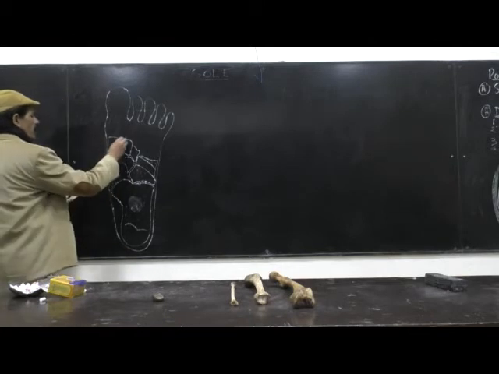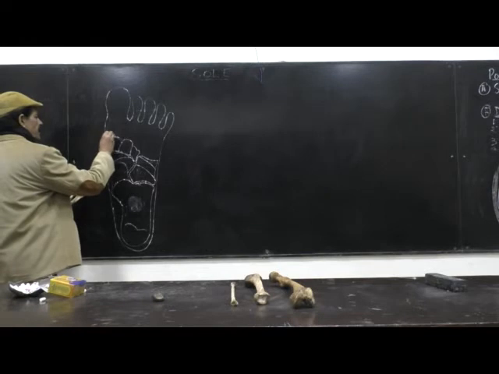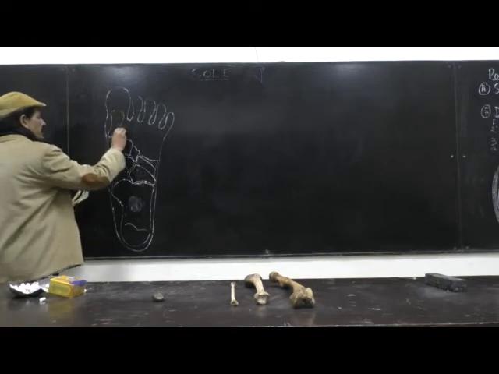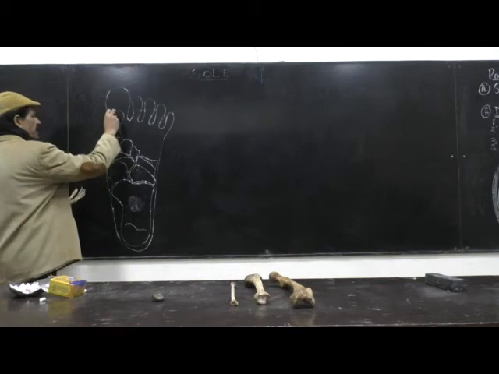The medial cuneiform bone articulates anteriorly with the first metatarsal, with the broad base, and this is the head of the metatarsal.